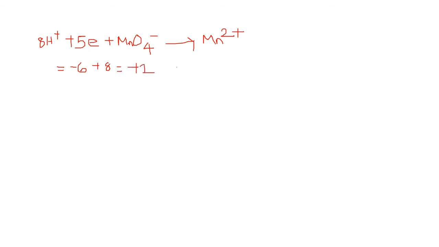So to balance the above charge, we add 8H plus here. By adding 8H plus, we add plus 8 to minus 6, thus equalizing the charges. Plus 2 equal to plus 2. And that's the end of step 3.